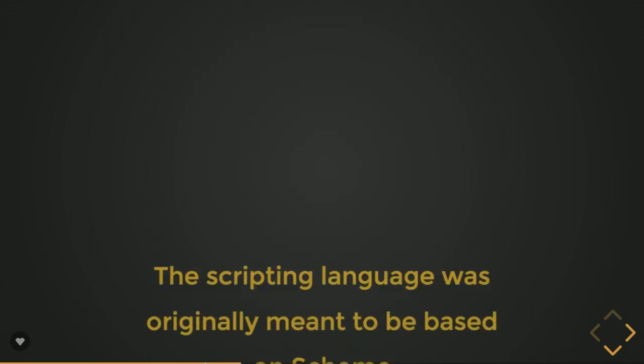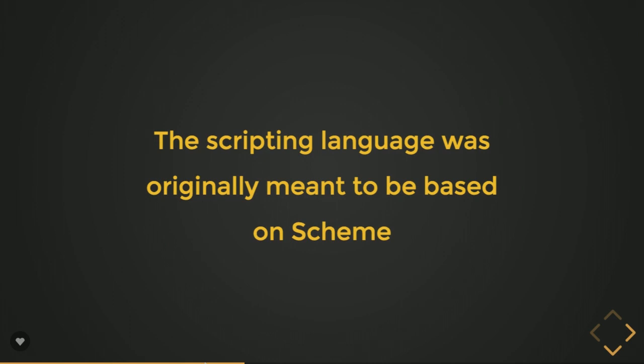But at that time, he was working at Netscape, and his original idea was to base his scripting language on a dialect of Lisp, a variant of Lisp called Scheme. And it had all of those ideas, minimalism and abstraction, and also things like first class functions and closures.